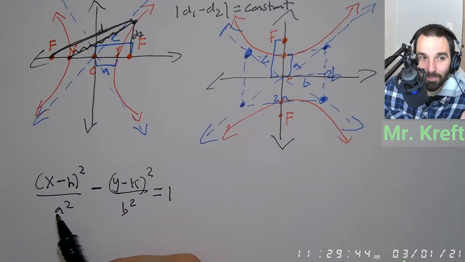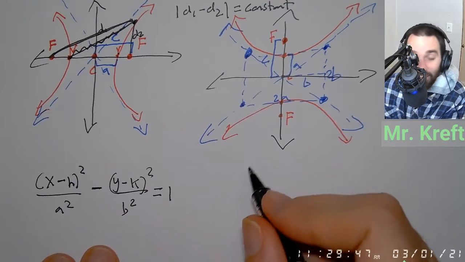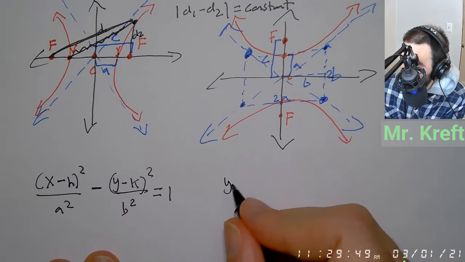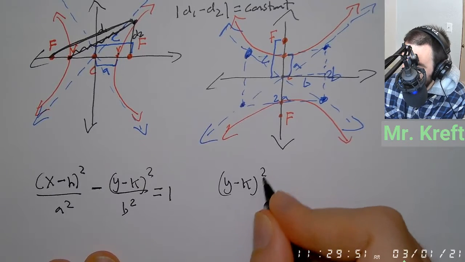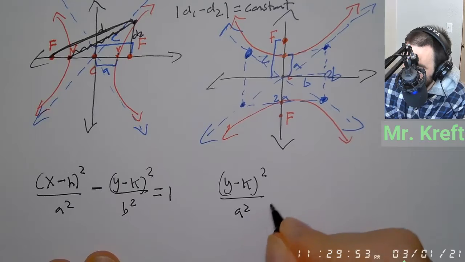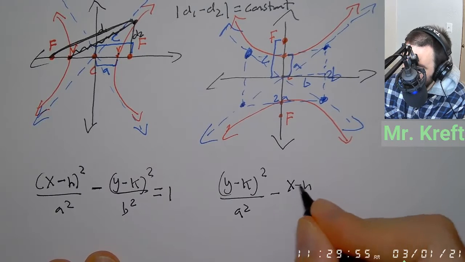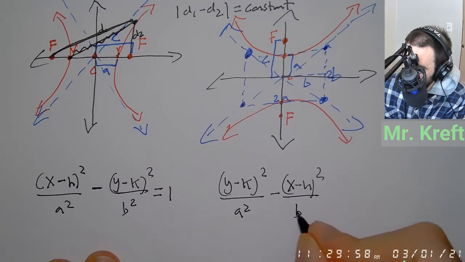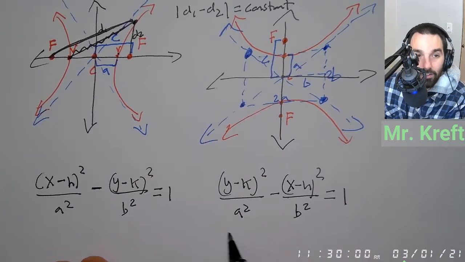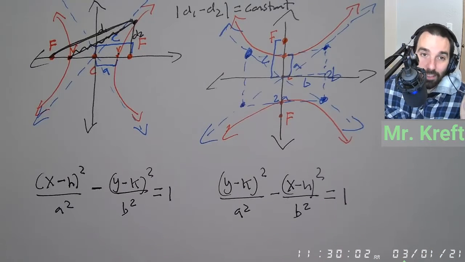So we always put our major term first. For example here, since the y is the major, you need to write the y first. You want to have that in your notes. The major has to come first in a hyperbola.